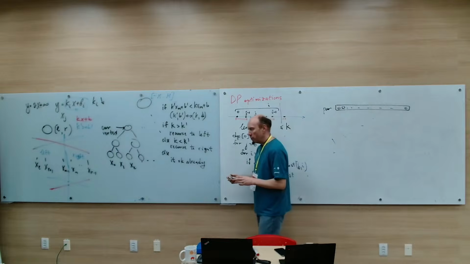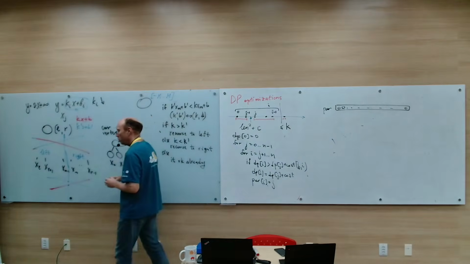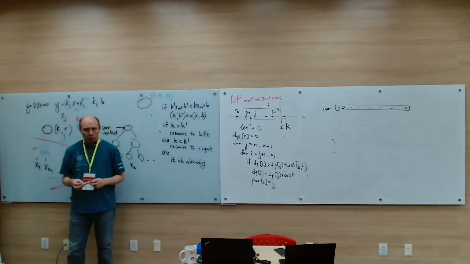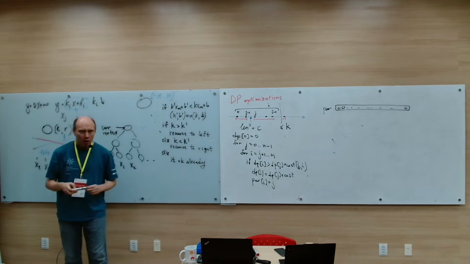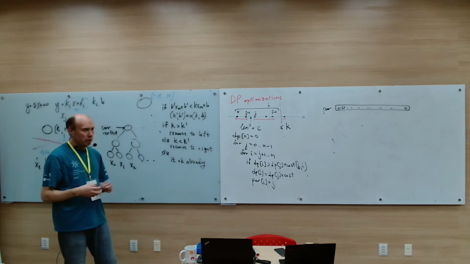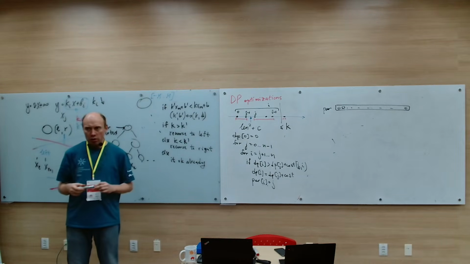So the condition that allows us to use 1D1D optimization is that this parent array is always non-decreasing.